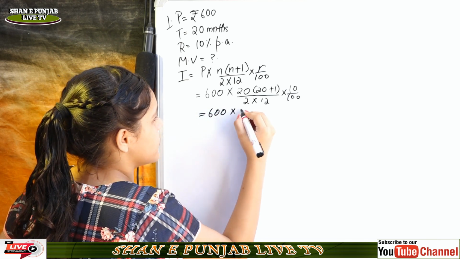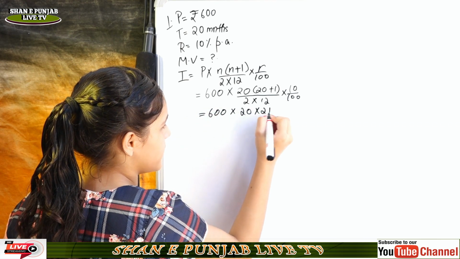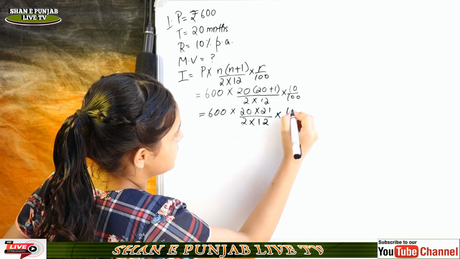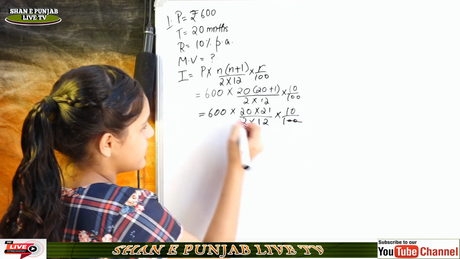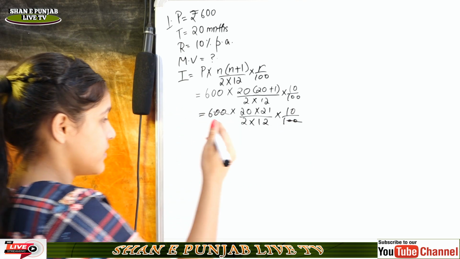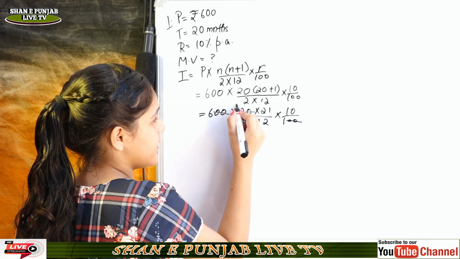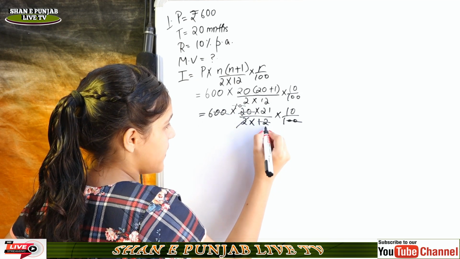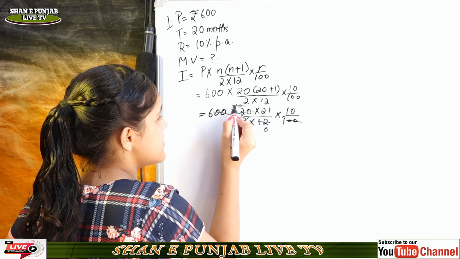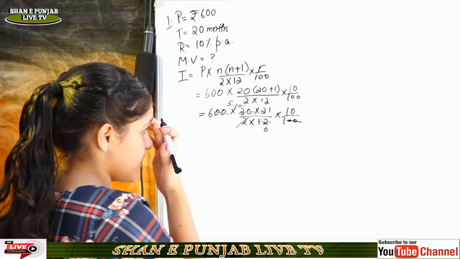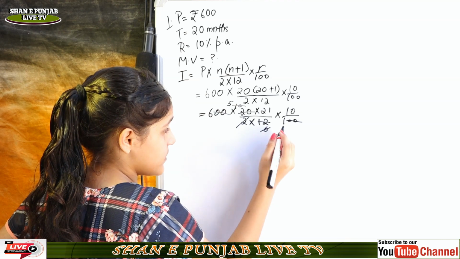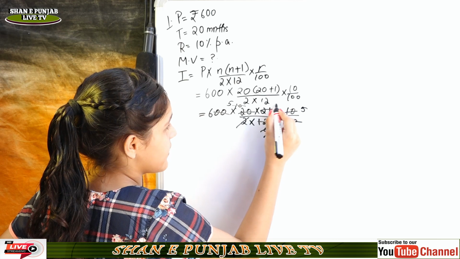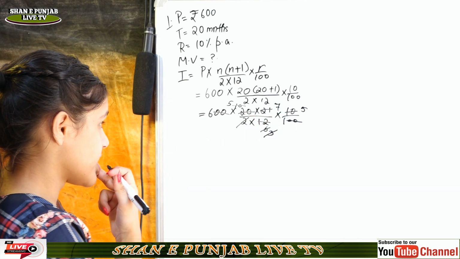600 into 20 into 21 upon 2 into 12 into 10 by 100. Zeros cut by zeros. 2 ones are 2, 10s are 10, 12 6s are 12, 10 5s are 10, 6 3s are 18, 5s are 5, 3 1s are 3, 7s are 7.